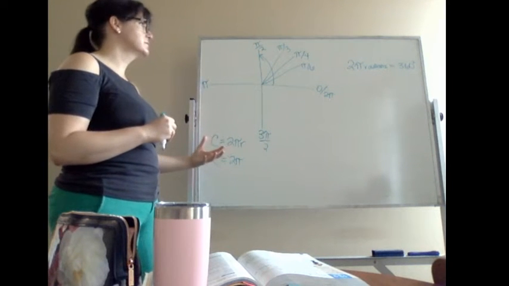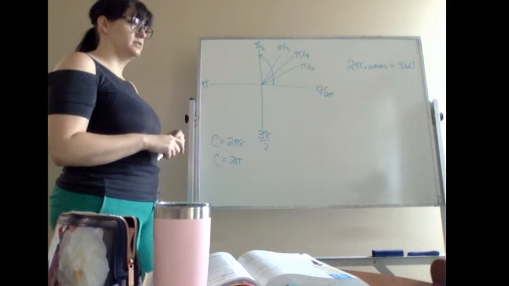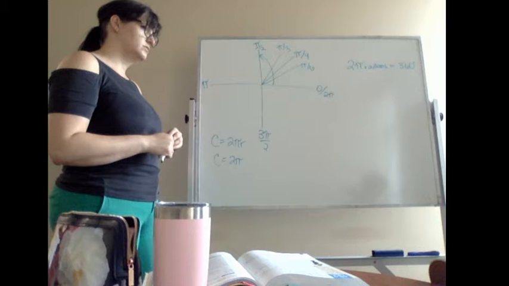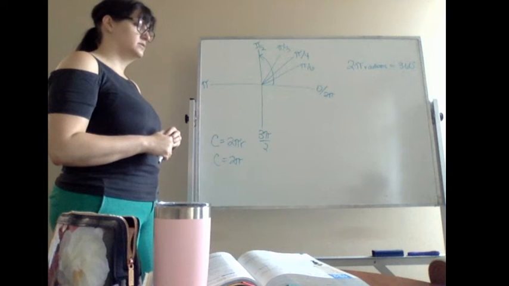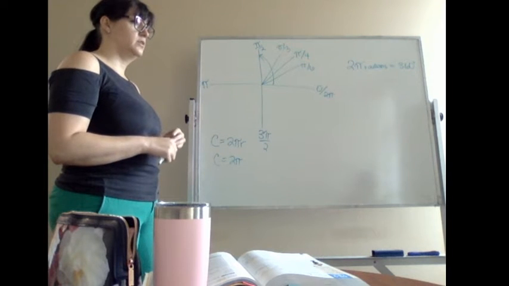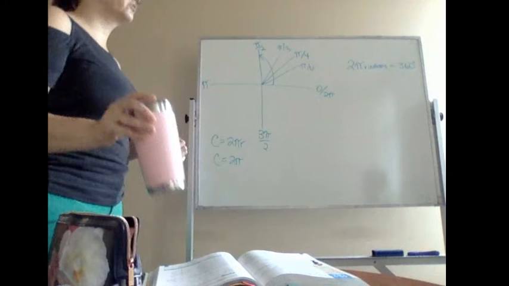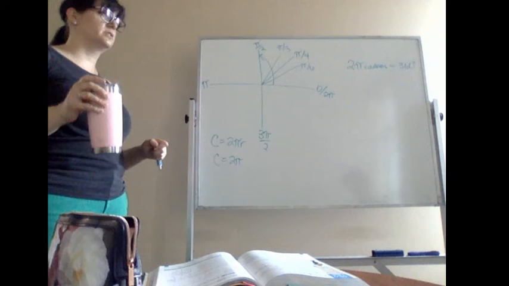Does that make sense? This seems so much harder to read than degrees, because of thinking of pi as an infinite decimal. But we don't usually refer to it as a decimal. It's almost always going to be in terms of pi.